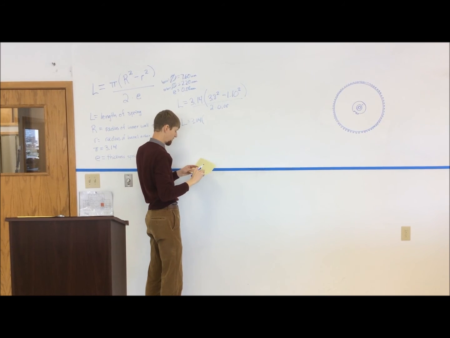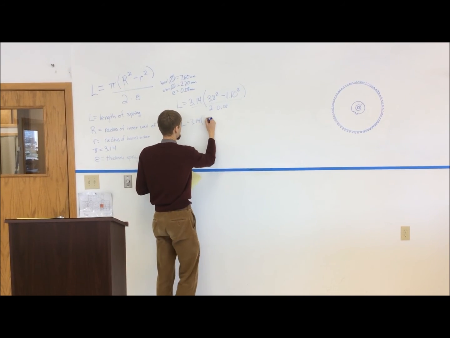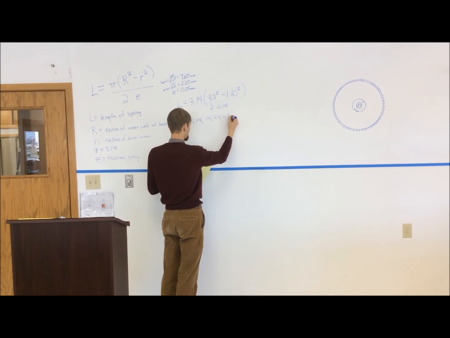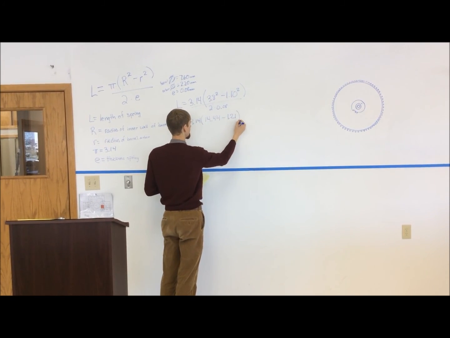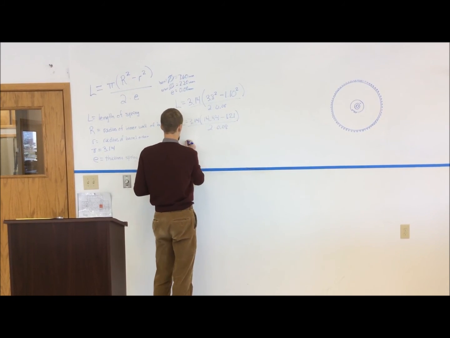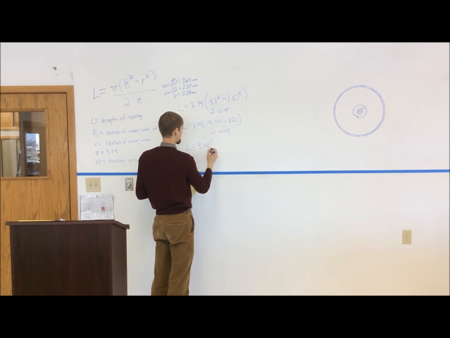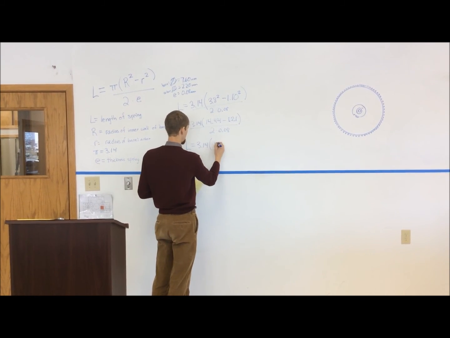All right, we'll go ahead and perform the squared operations here. 14.44 minus 1.21. We'll do our subtraction inside of the parentheses. We get 13.23.